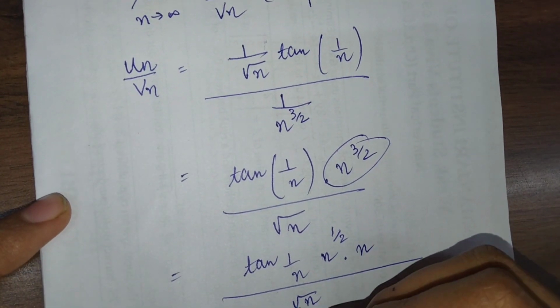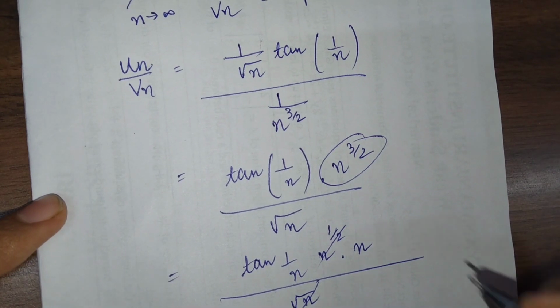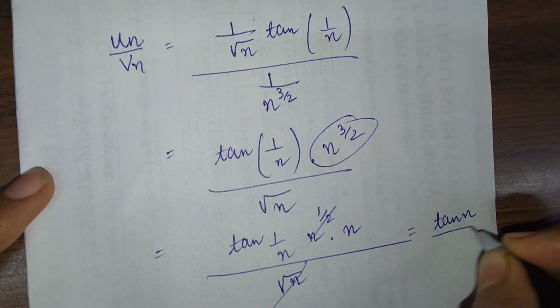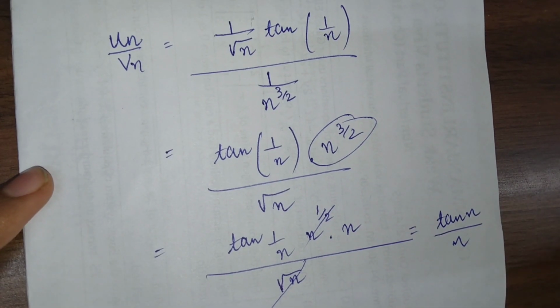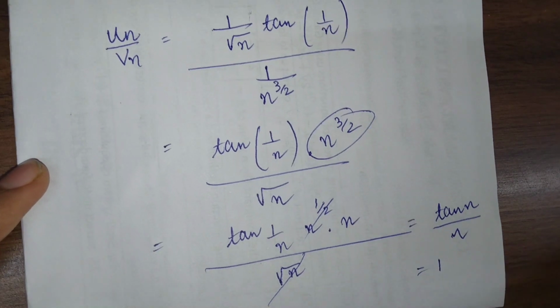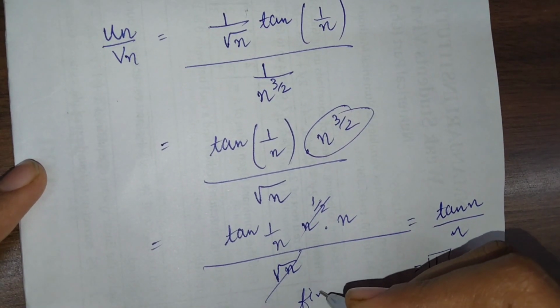And under root n is n raised to 1 by 2. So this and this will get cancelled. So we will get 10 raised to 1 by n times n. Okay, but you all know that value of 10 raised to 1 by n is 1. Okay, so we got finite and positive value.